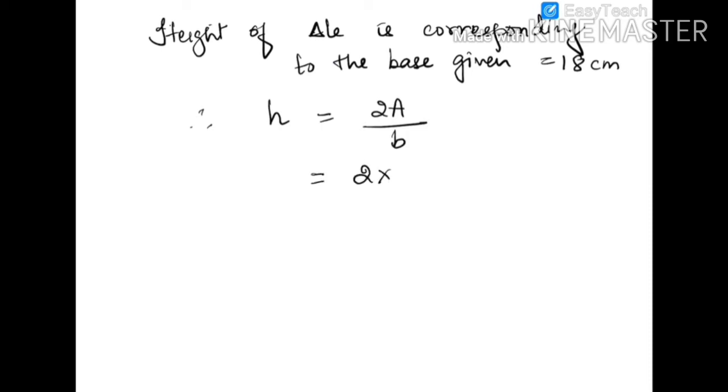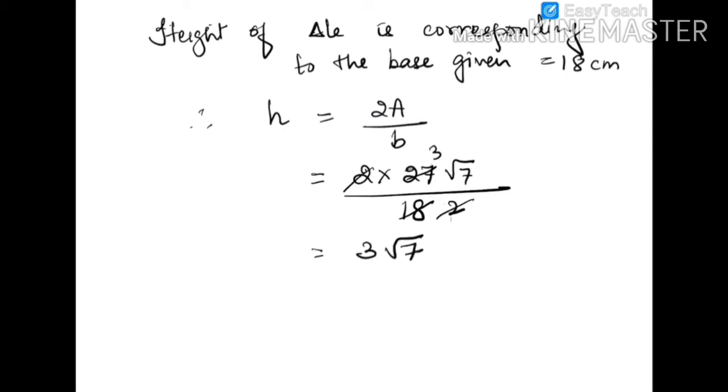So 2 times 27 into root 7 divided by 18 will be dividing by 9. So 9 into 2 is 18, 9 threes are 27. 2 and 2 cancel, so we get 3 root 7 centimeters as the height of the triangle.